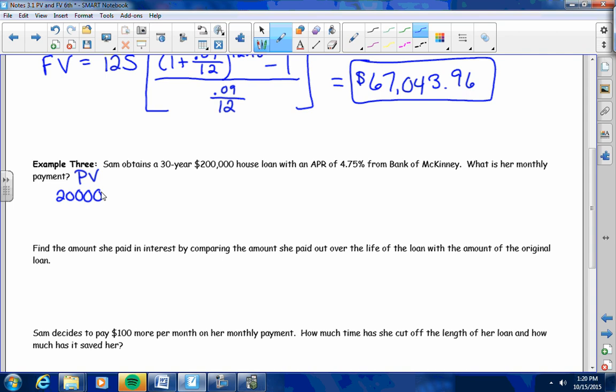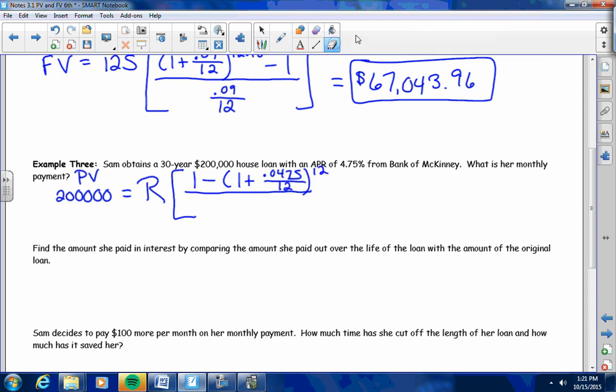So 200,000 equals capital R, the monthly payment, times, in the bracket, in the numerator, we have 1 minus (1 plus I, which is the rate, 0.0475, divided by 12, because it's monthly) raised to the power of negative, excuse me.